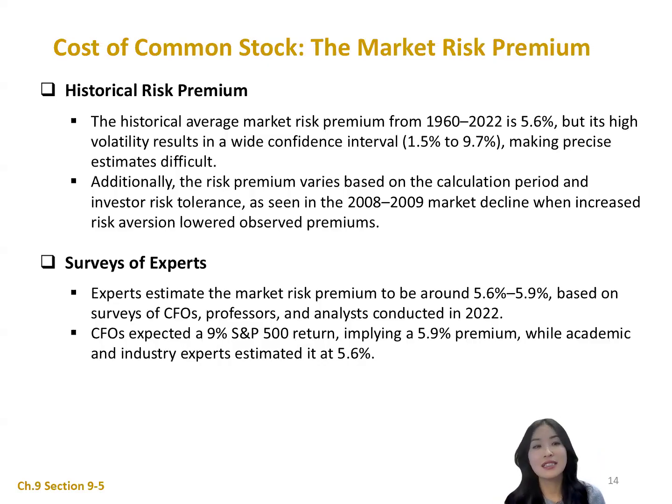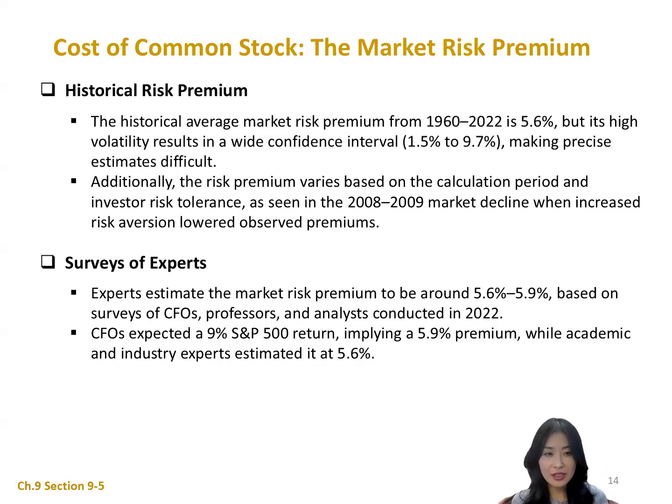Next, the second approach is surveying experts. Surveys give us estimates based on different perspectives, one from financial executives and another from academic or industry professionals. Let's look at the Duke University and CFO Magazine survey from the second quarter of 2022.